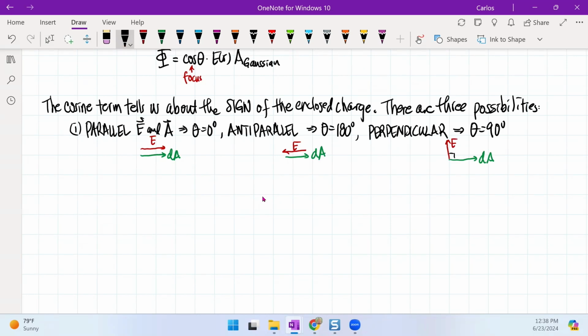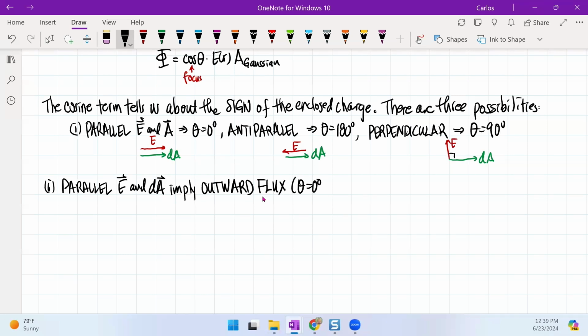So let's look at each of these cases here. The first one that we're going to look at is parallel E and dA imply outward flux, and that's theta equal to 0 degrees.